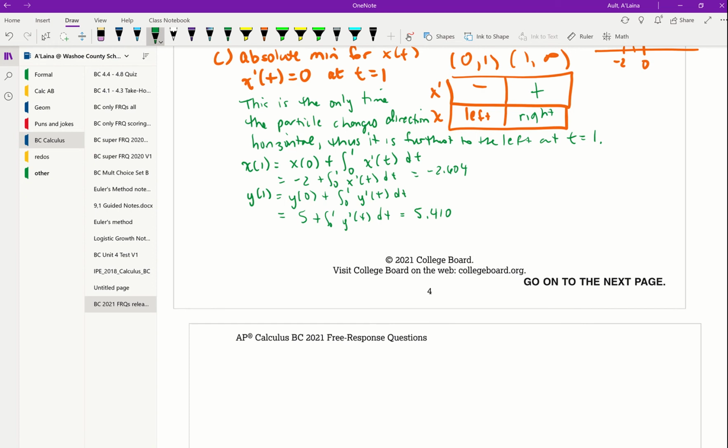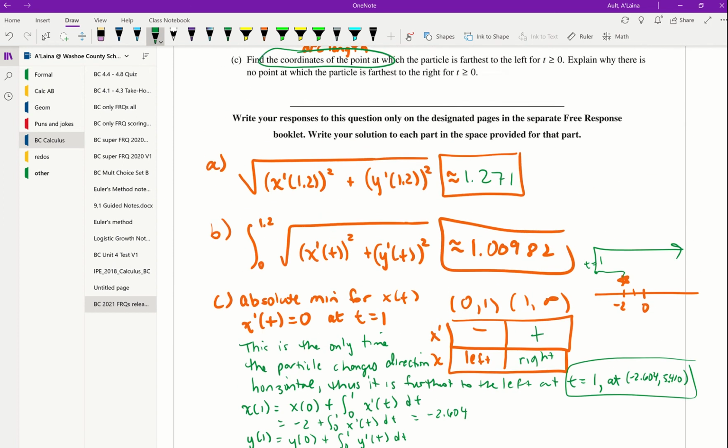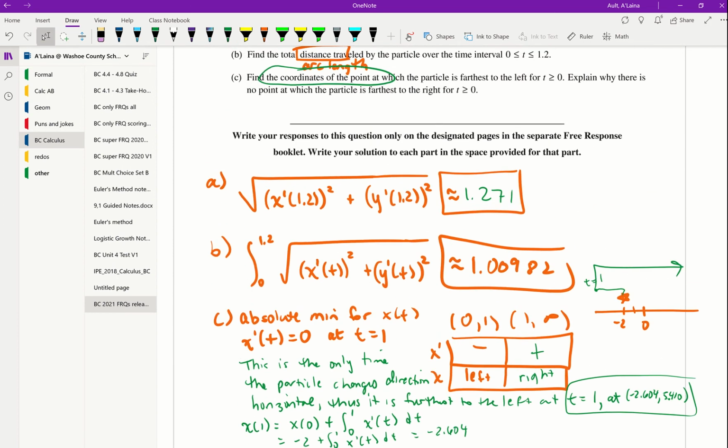Okay, so that's going to be at the point at time t equals 1, which is at -2.604 and 5.410. That was part of what they wanted me to do. They also said, explain why there is no point where the particle is farthest to the right.